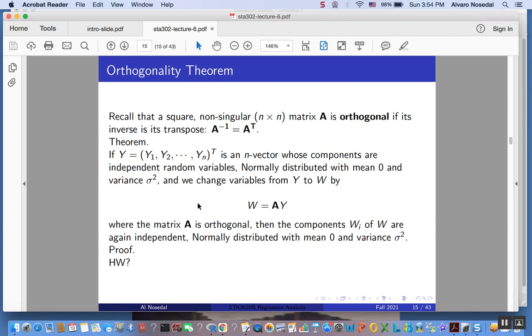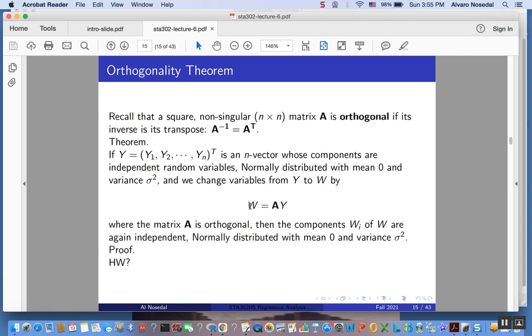Next, what we do with this random vector, or with their components, is we define a transformation, W. And that transformation is just the multiplication of a matrix A, but a very special matrix A. A is an orthogonal matrix, so the matrix product between A and Y yields that transformation W. Okay?